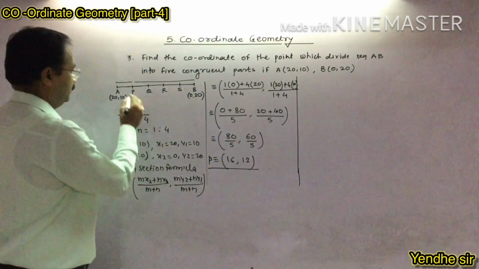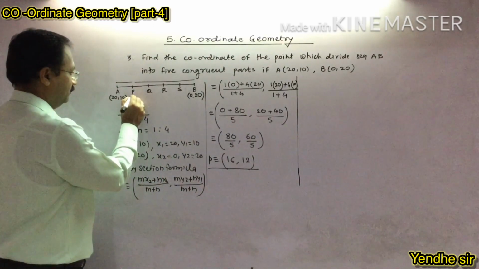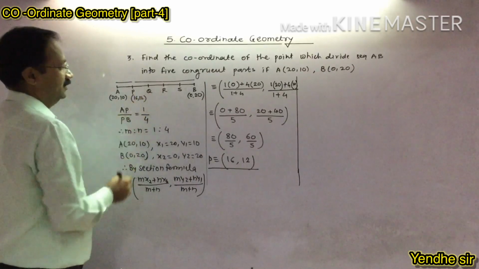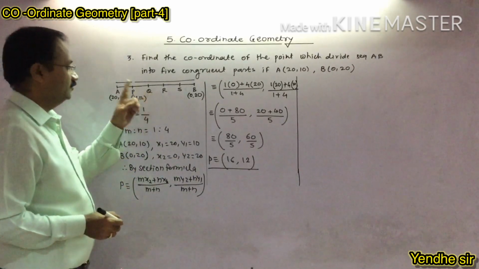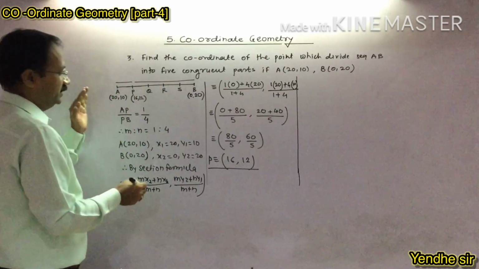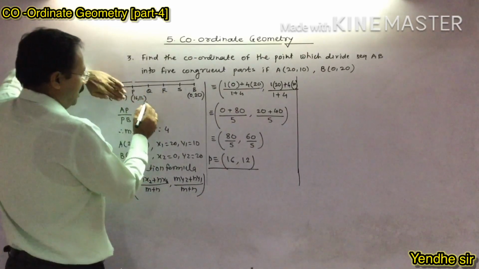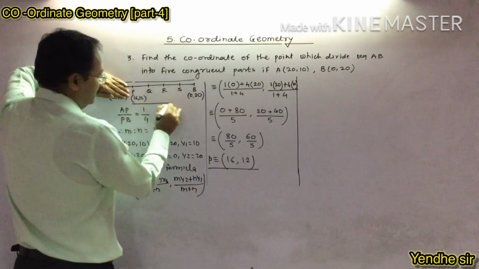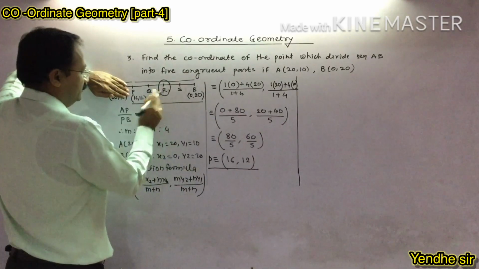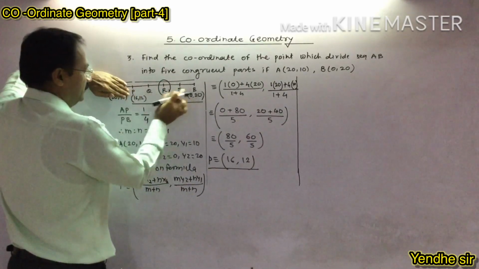Now from point P, here I got 16 and 12. We can find out the coordinates of Q, R and S. Now let me tell you, see this part only. Here you will find that R is the midpoint of PB.